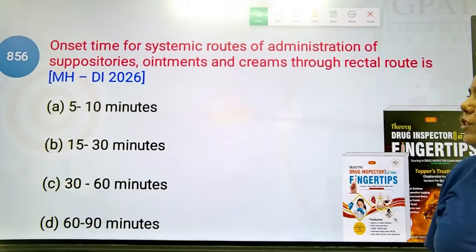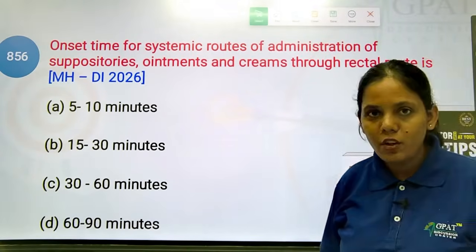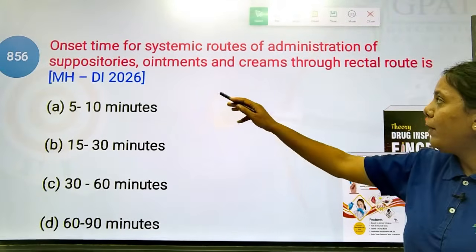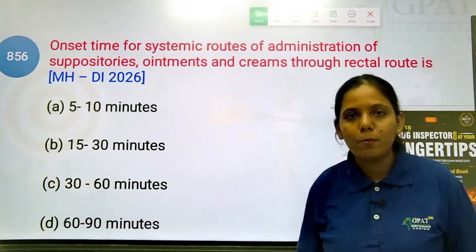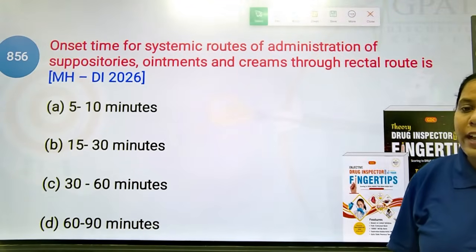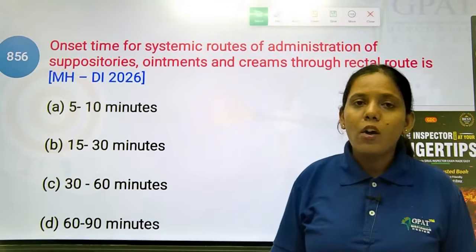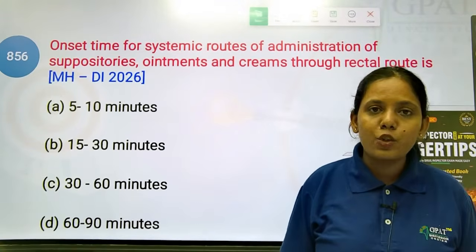The next question is: onset time for systemic route of administration of suppositories, ointments and cream through rectal suppository is how much? Again, this was asked in Maharashtra DI recently only. Onset time means the moment it starts showing the action.